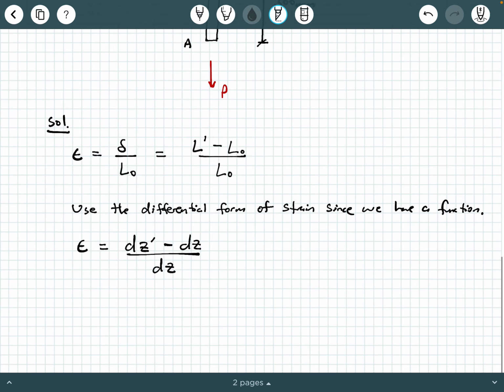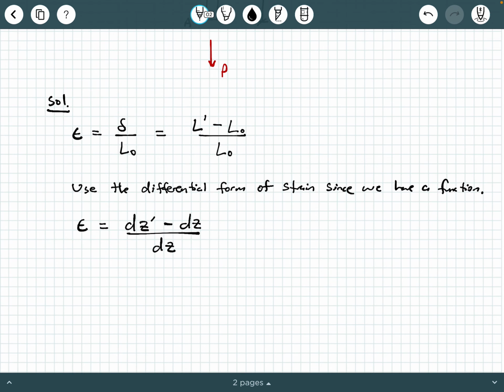So how do we do this? Well, this is a separable differential equation, so we're just going to separate out the variables. By doing a little bit of rearranging, I can get dz prime equals epsilon dz plus dz. So I have separated my variables, z prime and z.